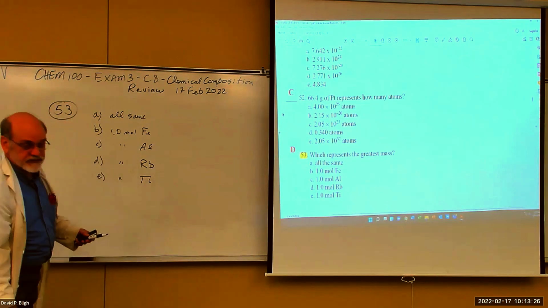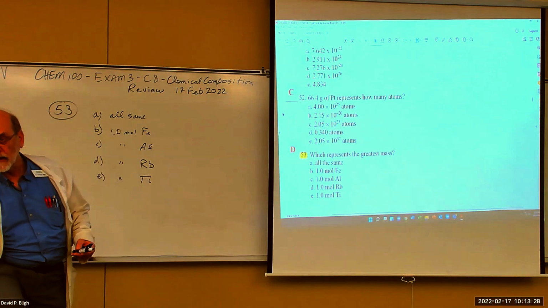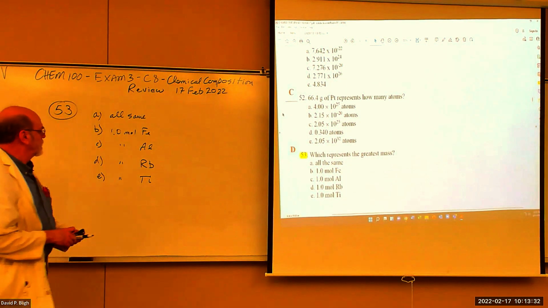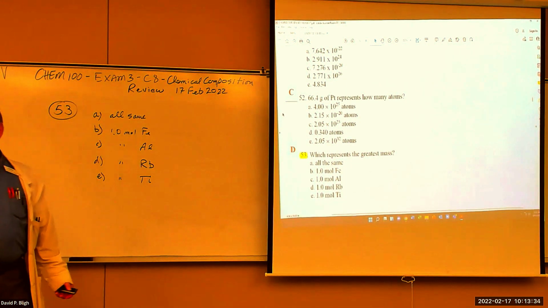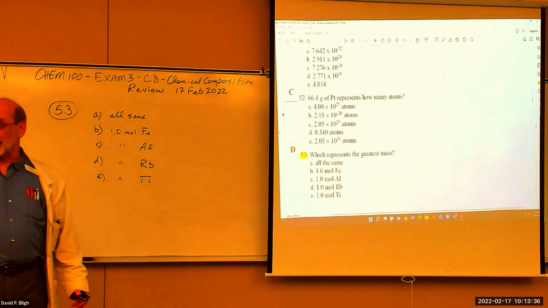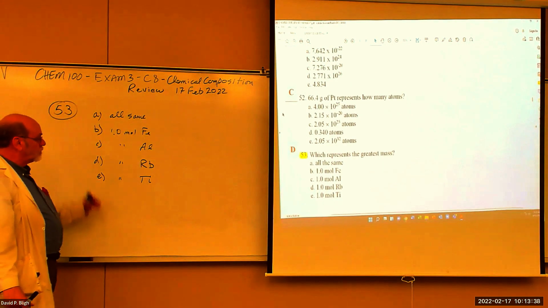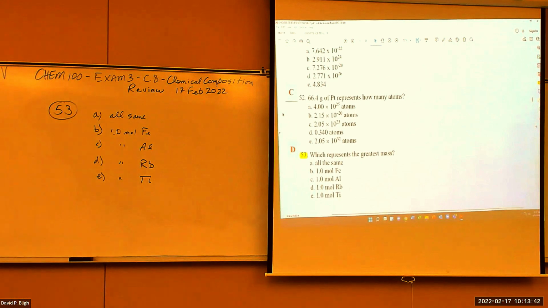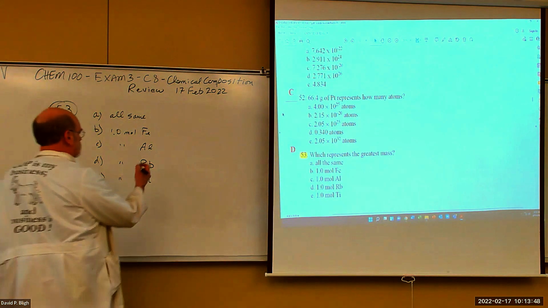Okay, since we've got the same number of moles of each element, what do we need to compare? No conversions required. All we need to do is look at the molar mass. So 1 mole of iron weighs what? 55.85, yeah.